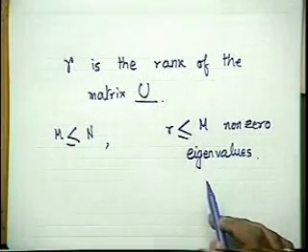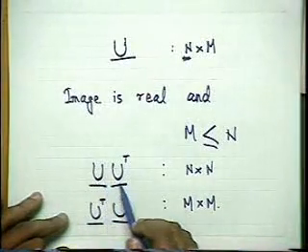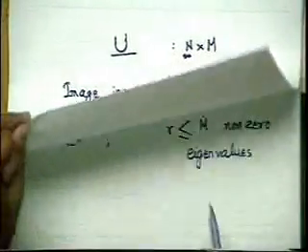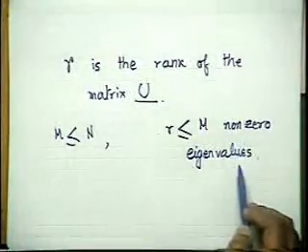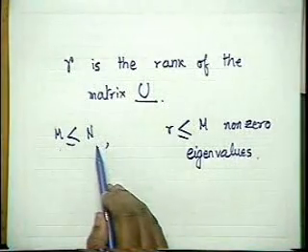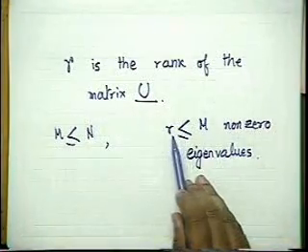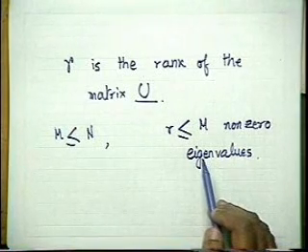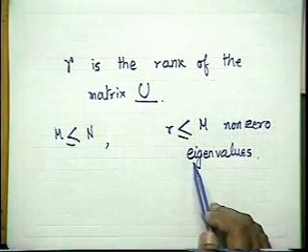Eigenvalues of what? Eigenvalues of the matrix U transpose or the matrix U transpose U. So for both, we have R non-zero eigenvalues. I have assumed that m is less than or equal to n, and R is the rank of the matrix. So we are going to have R non-zero eigenvalues, and the eigenvalues are going to be equal for U transpose as well as for U transpose U.